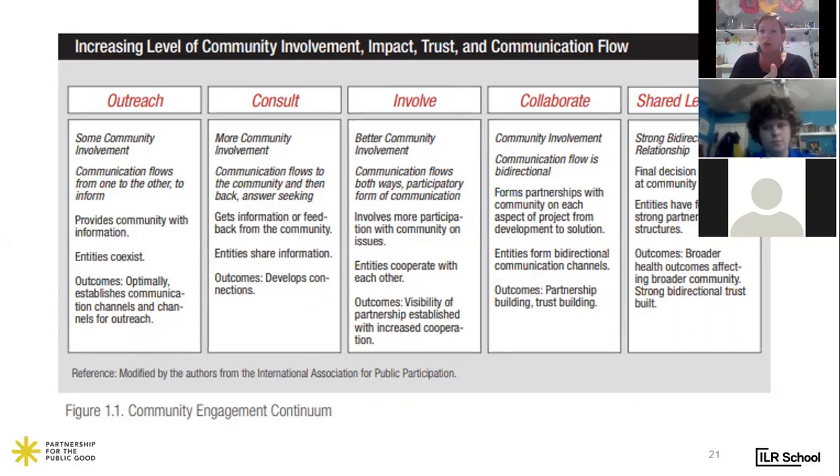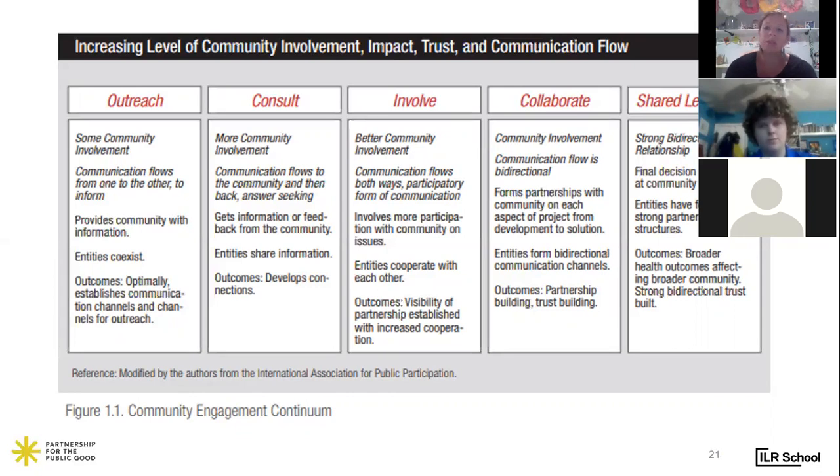So thinking about your project, thinking about community engaged research, maybe it has some community involvement, or you're doing your work and the community partner is doing their work, and you interact with each other a little bit. I know that's not how a lot of your projects are, but how do you move along this trajectory so that you can get towards shared leadership?